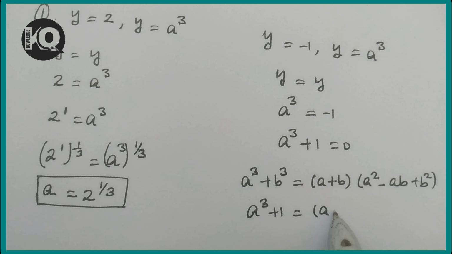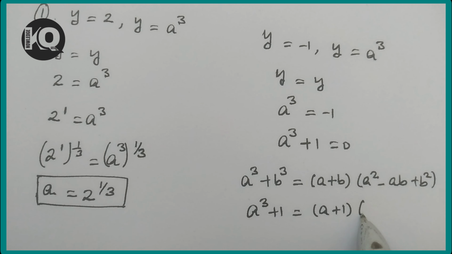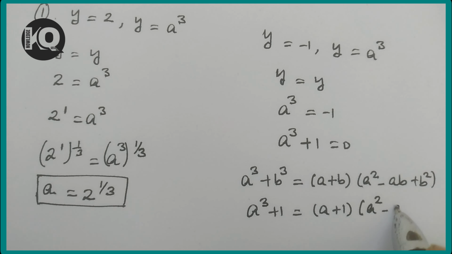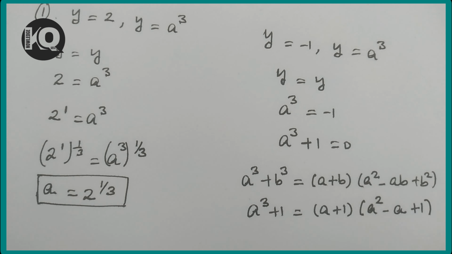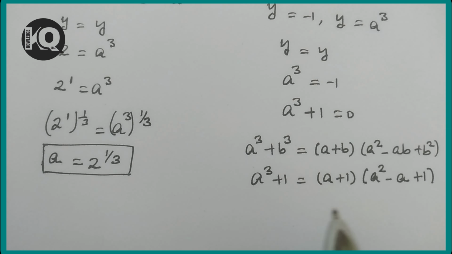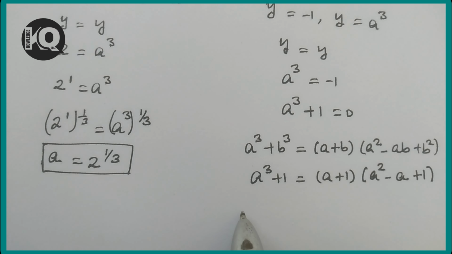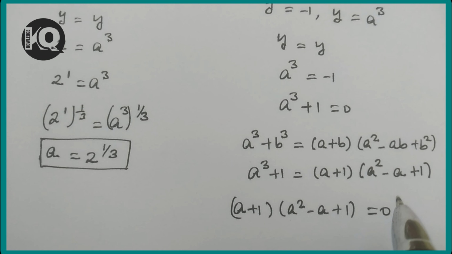a plus 1 times a square minus a plus 1. So from this we have a plus 1 times a square minus a plus 1 which is equal to 0.